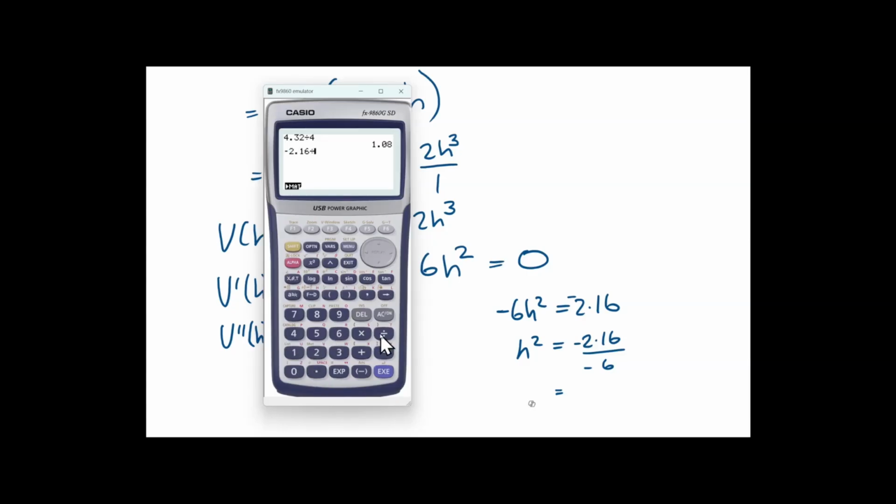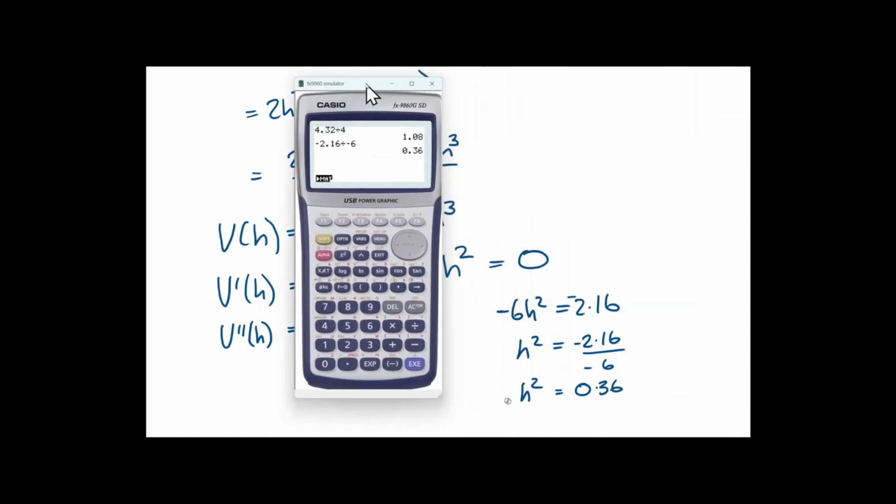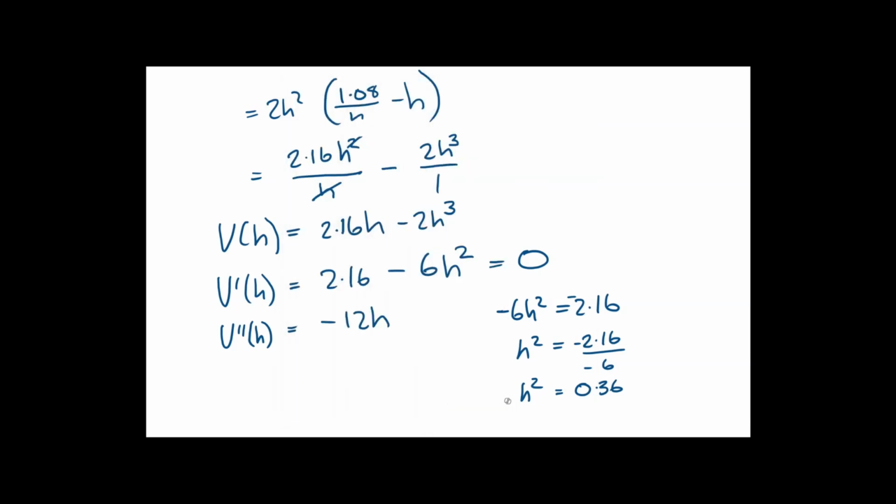So h is going to be whatever that is. 2.16 divided by negative 6. I know the 6 is redundant. 0.36, and I know what the square root of that is. So h squared is that, to the power of 0.5, so I'm taking the square root. 0.6.